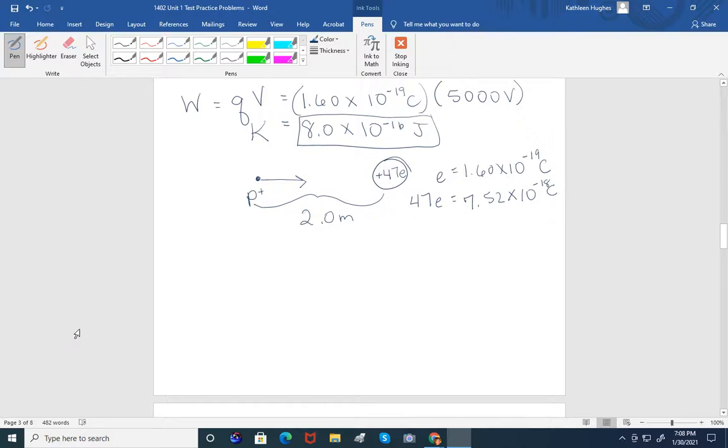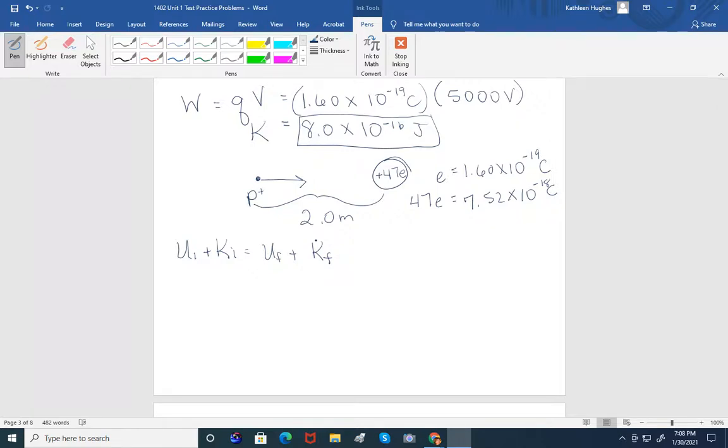Conservation of energy just looks like this. We have an initial potential and an initial kinetic, and it will equal the final potential plus the final kinetic. In this particular problem, initially the proton has both potential and kinetic energy.